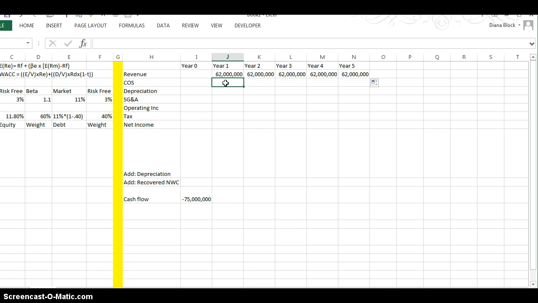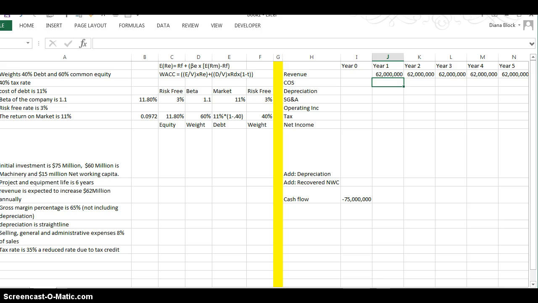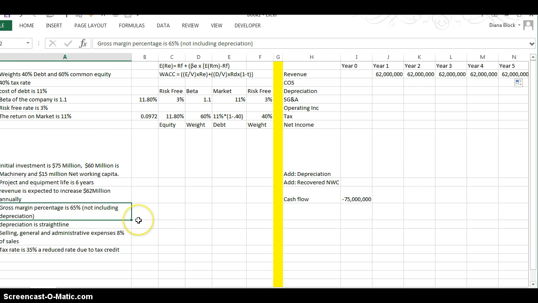Okay. And so there's some information over here that says the gross margin is 65% of revenue. Now, the reason that's important is that it tells you how much your cost of sales is.